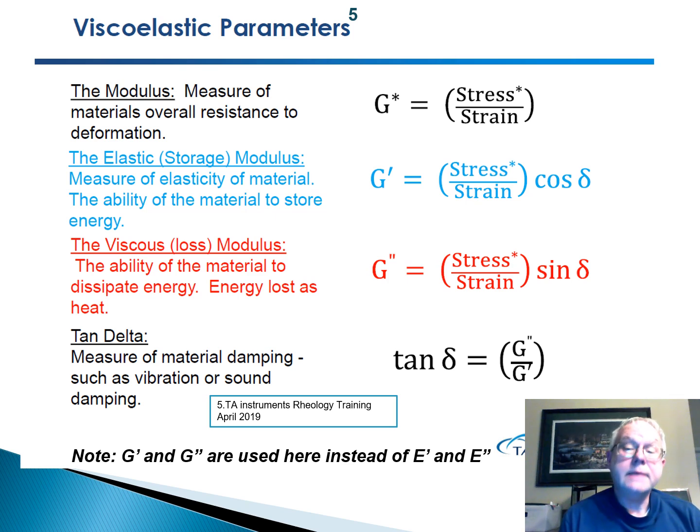What the DMA measures is the storage modulus, G prime, the loss modulus, G double prime, and the tan delta. The tan delta is the ratio of the loss modulus to the storage modulus, and is a good predictor of properties like damping, either sound or vibration damping.